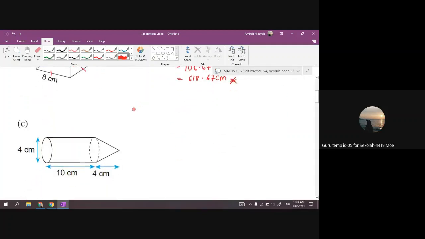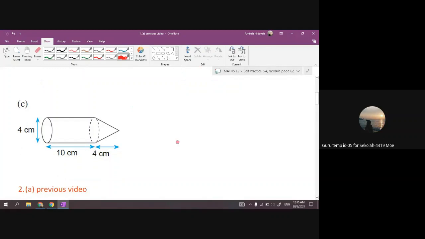Then for C, cylinder and cone. Total volume is the cylinder plus cone. The cylinder formula is pi r square h, plus 1/3 pi r square h.